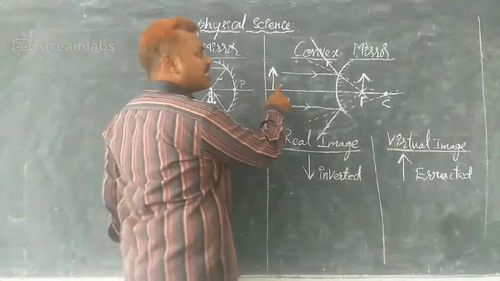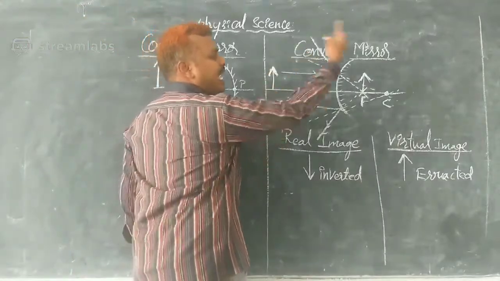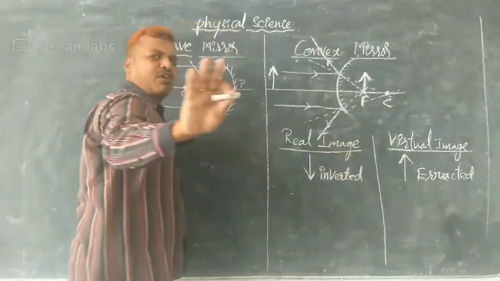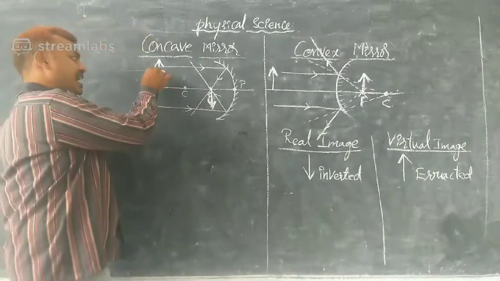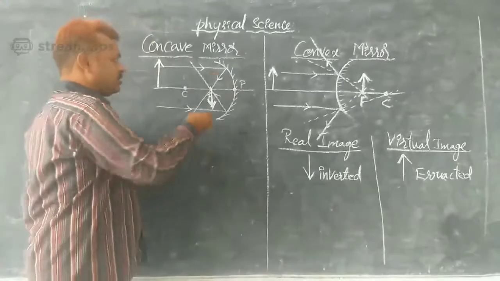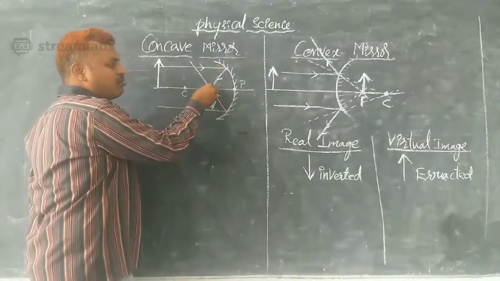When it comes to the convex mirror, when the object is placed in front of it, the image is formed behind the mirror. Why does it form the image behind the mirror? Because when light rays come here, the important point is that all light rays are reflected back and converged at one point.